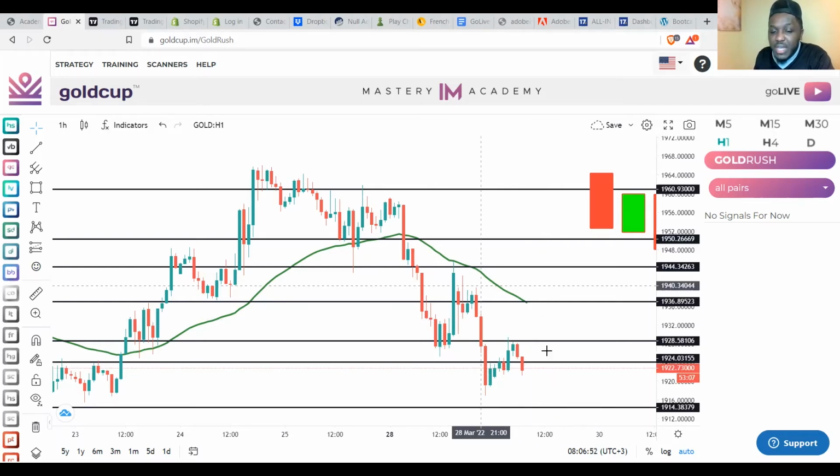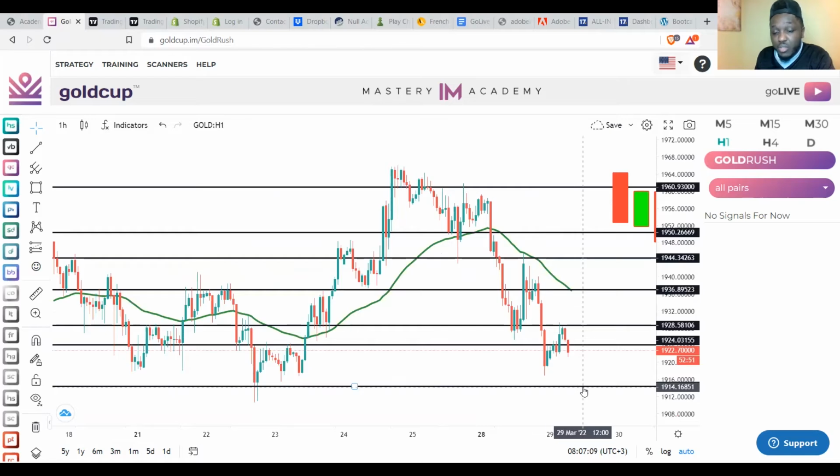So I'll be searching for that sell. When the market pushed all the way down and came back to this resistance level, you could have sold here, which is what I did, expecting the market to sell all the way down, maybe to the next support level. That's just one of the tricks you can use.